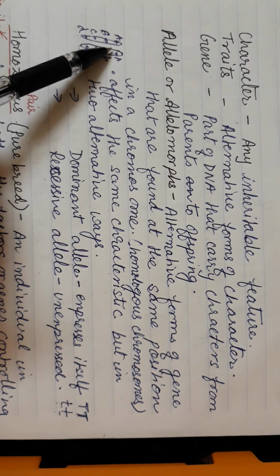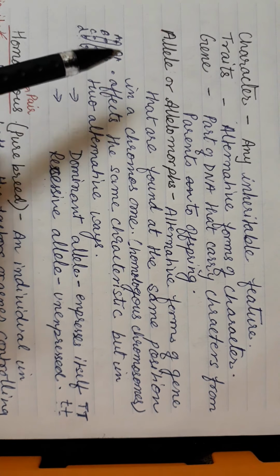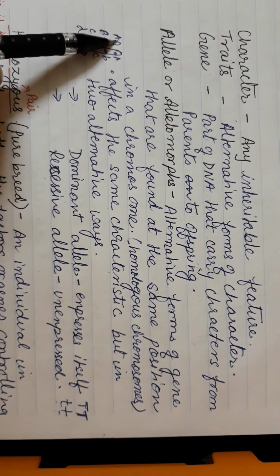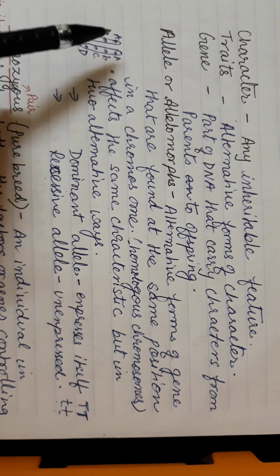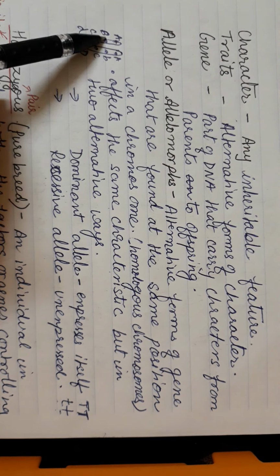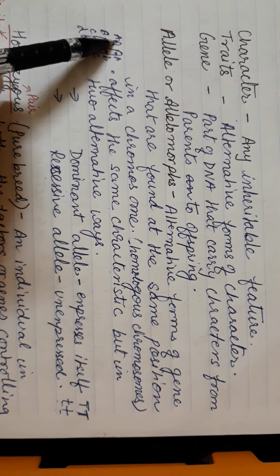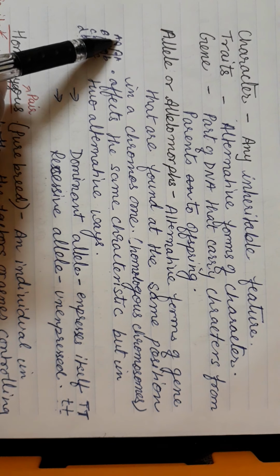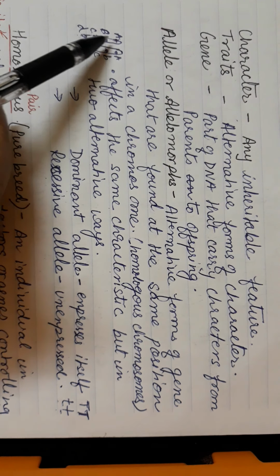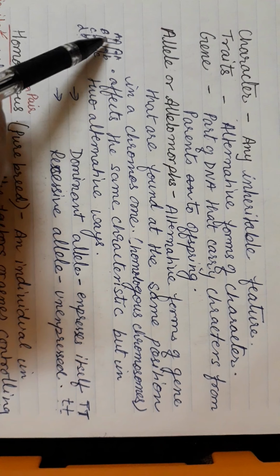Suppose this position is for the color of the eyes, this can be for the rolling of tongue, or this can be for using right hand or left hand. So it has various locations.